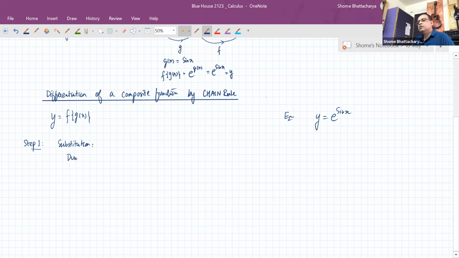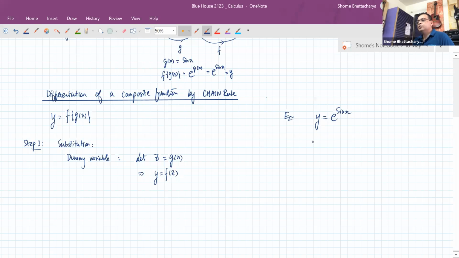Let us say in this case z is the dummy variable we are using. You can use any other symbol also like u or t or whatever. So I've used the symbol z. So let z be equal to g(x). So automatically that implies that y is equal to f(z).